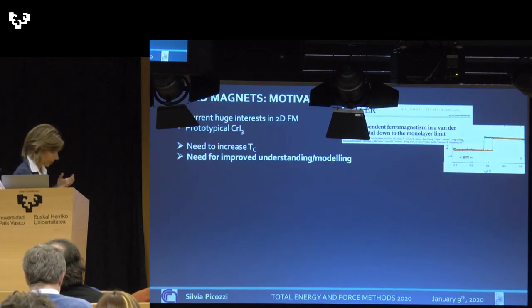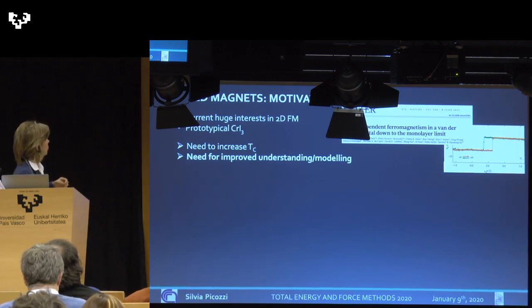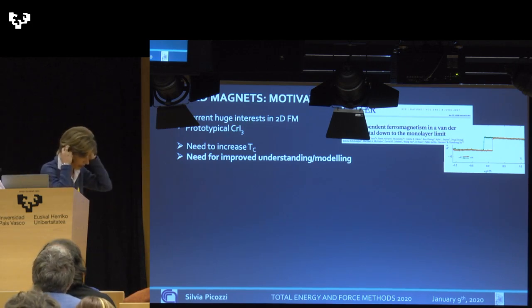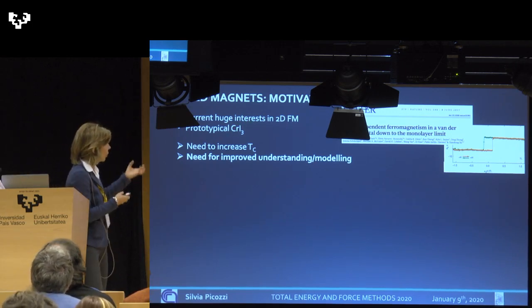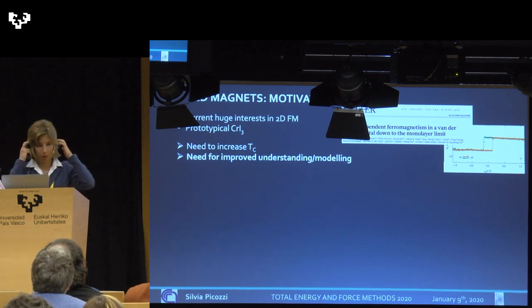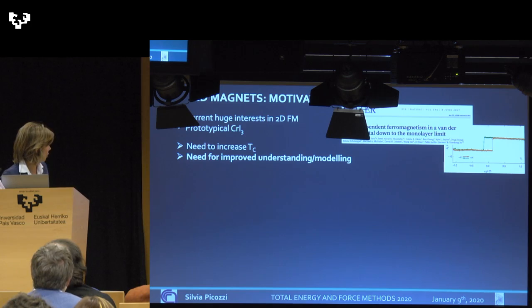Two-dimensional magnets became very popular in the last 2 or 3 years, especially because chromium iodide (CrI3) was found to show long-range order at a temperature of about 50 Kelvin. But in the beginning, we thought we needed to understand a bit more about what was driving this order.